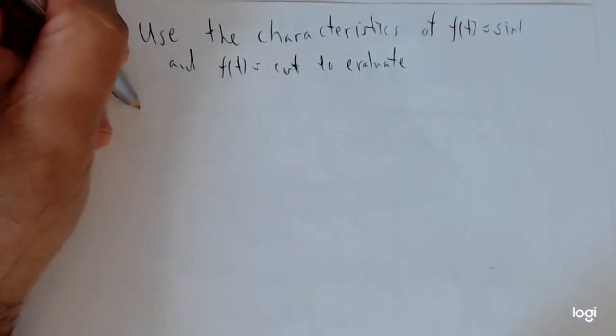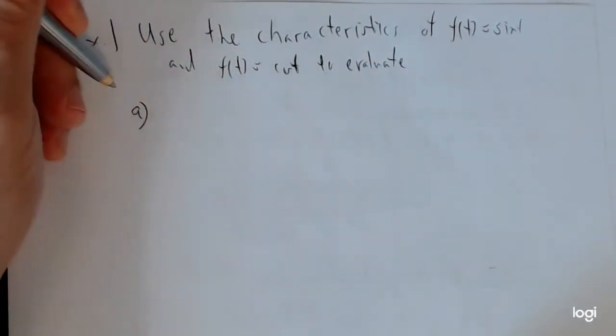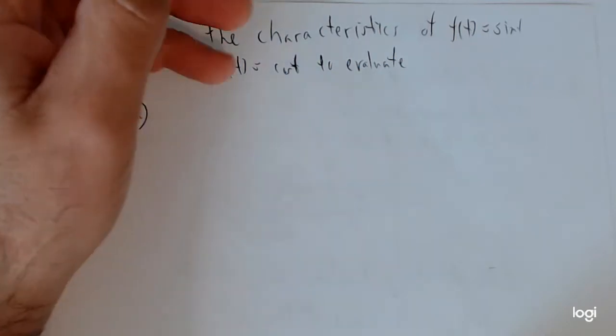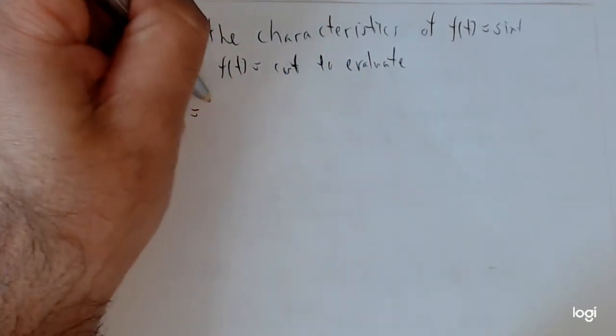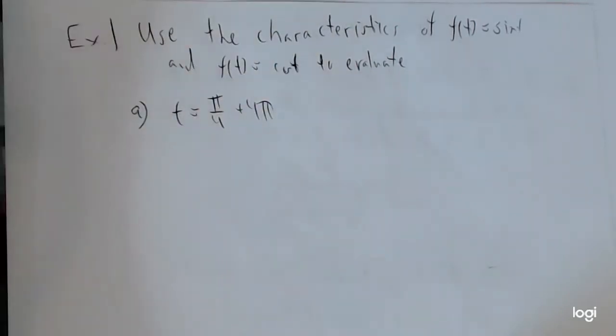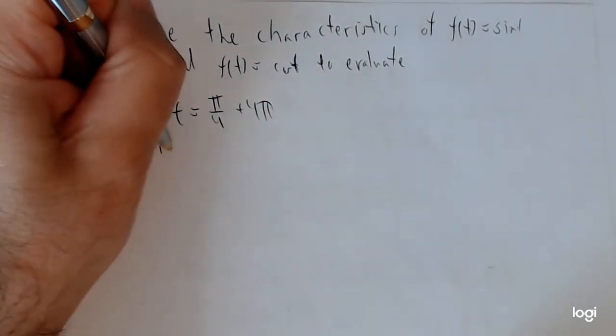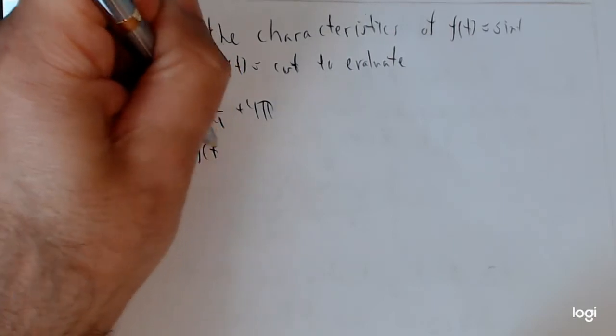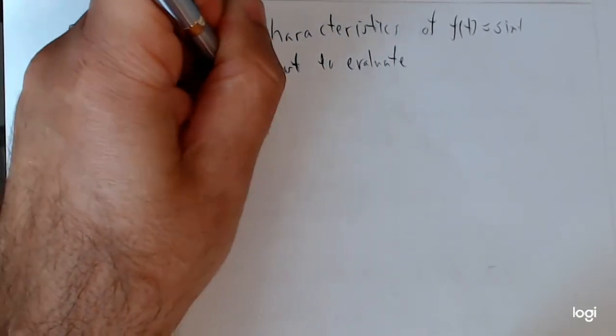So the first one is t equals pi over 4 plus 4 pi. For this one, we're going to find f of t equals cosine of t.